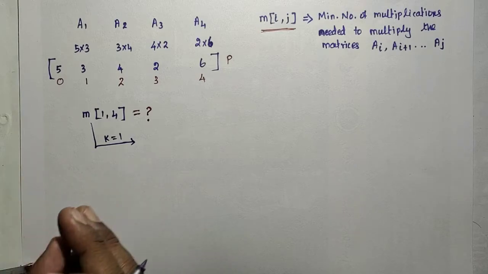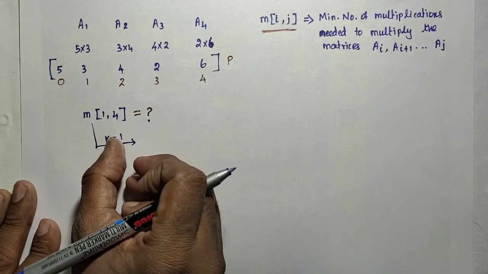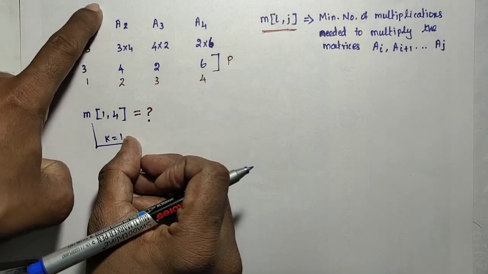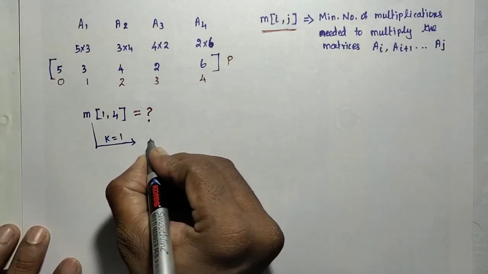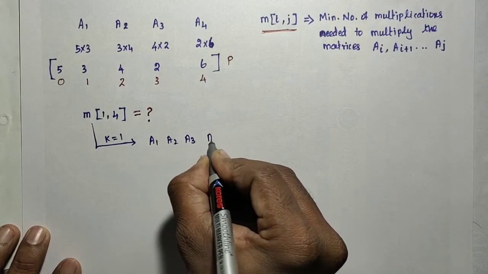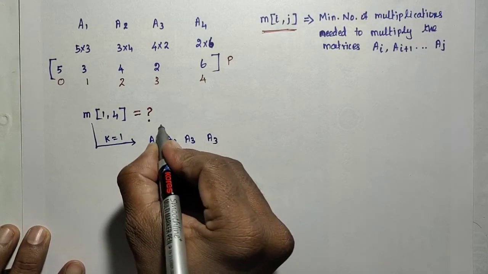Similarly, if you are splitting that sequence into 2, the split occurs at 1, at this position. It means that A1, A2, A3, A4 is a sequence, and we made a cut on this sequence like this.